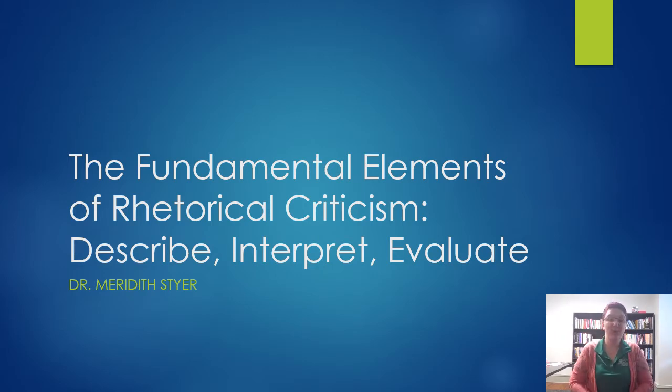And the first and most important part of understanding rhetorical criticism is that all the methods we will explore help us do three core things: describe, interpret, and evaluate texts. So that's what we're going to talk about today, those three core elements of rhetorical criticism.